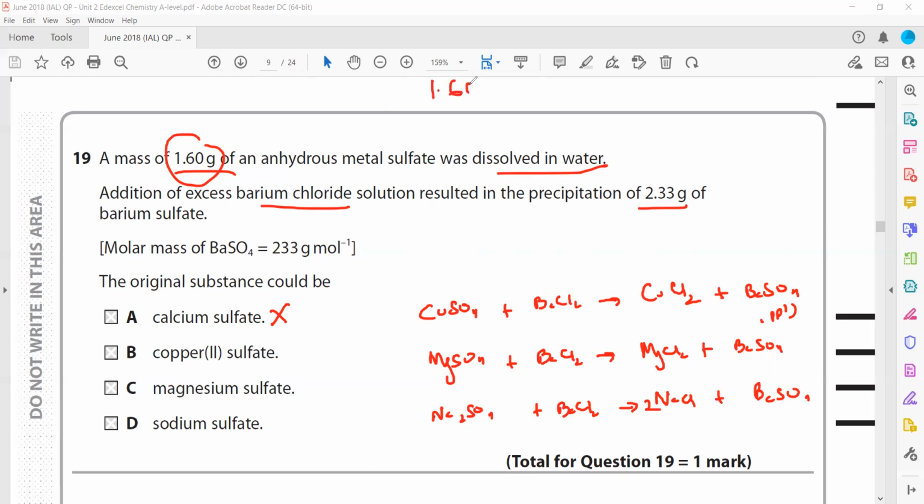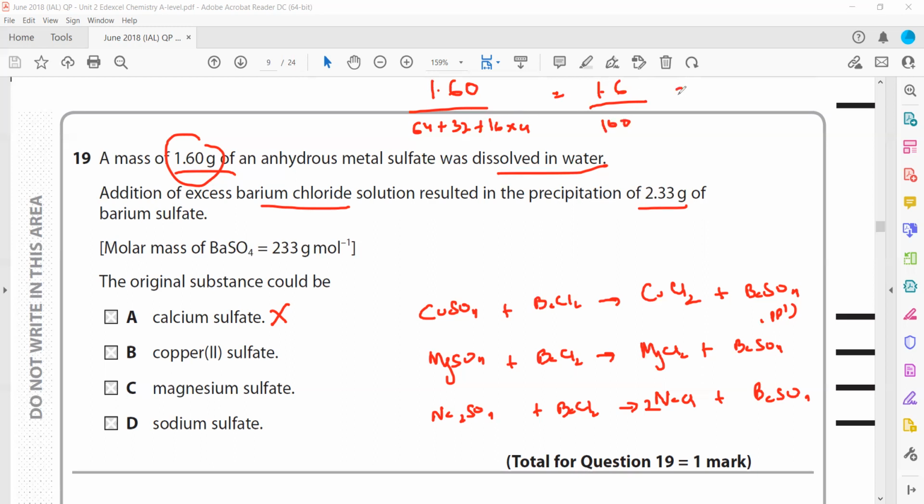So 1.6 divided by the molar mass: copper is 64, sulfur is 32, and oxygen is 16 multiplied by 4, which is 64. 64 plus 32 is 96, plus 64, that will be 160.